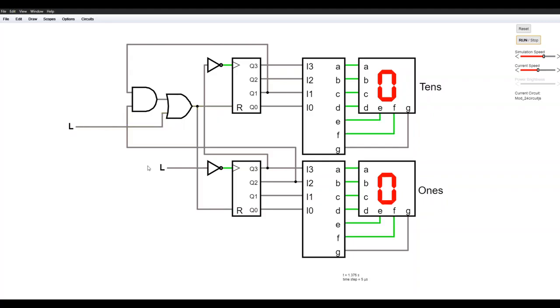Okay. 1, 2, 3, 4, 5, 6, 7, 8, 9, 10, 11, 12, 13, 14, 16, 17, 18, 19, 20, 23, and then 0. Okay.